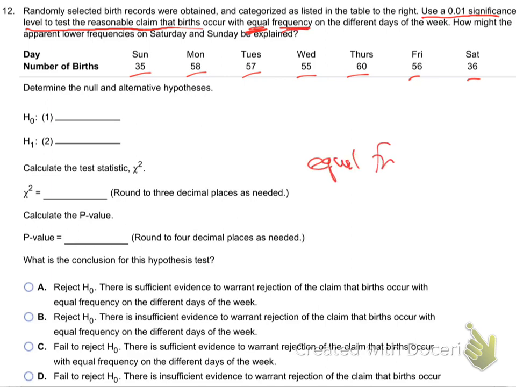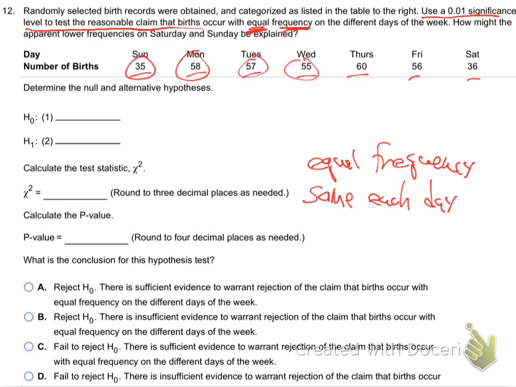Equal frequency. What does that mean, equal frequency? Same each day. They're saying, are there the same number of babies born each day? And they think, no way, 35, 50, that's not the same. Right, the sample data certainly don't look the same, but maybe that's just a little bit of luck. Looks pretty different to me, but we'll see.